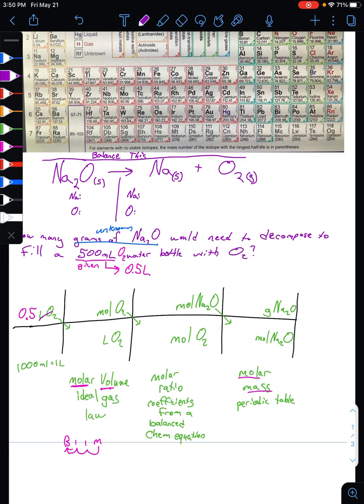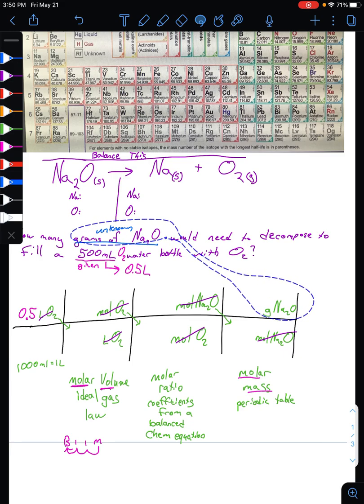So cancel, cancel, cancel, cancel, cancel, cancel. You're left with grams of sodium oxide, and you want to know grams of sodium oxide. Sweet, you're set. Can I make that? Yep, they're the same. So the only thing that didn't cancel is what you want.